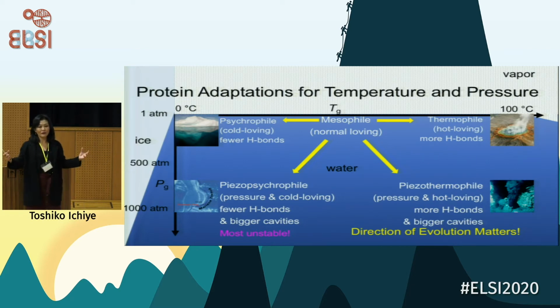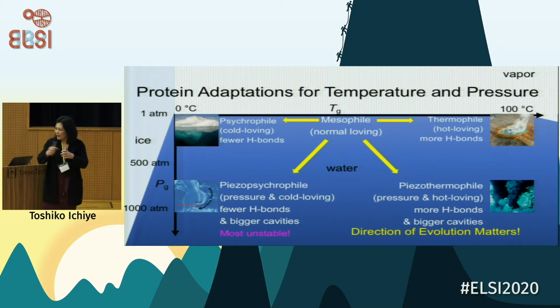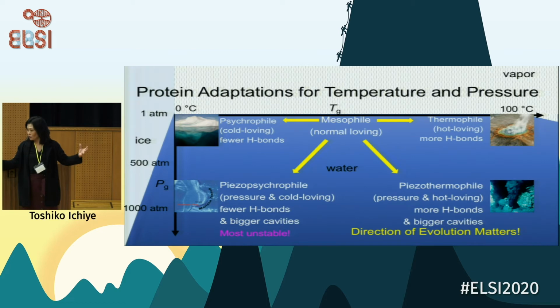It's going to be really unstable. So that's sort of a limit, because you cannot remove an infinite amount of hydrogen bonds. If you don't have any hydrogen bonds, it just doesn't fold. You also can't make huge holes in the protein, because then it's not compact enough to stay together. So this is kind of the most unstable.